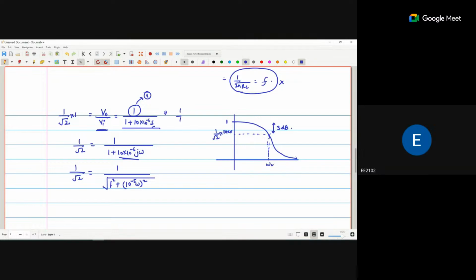Now take the square. This root and this root will cancel out. So 2 is equal to 1 plus 10 raised to power minus 5 omega, whole squared.